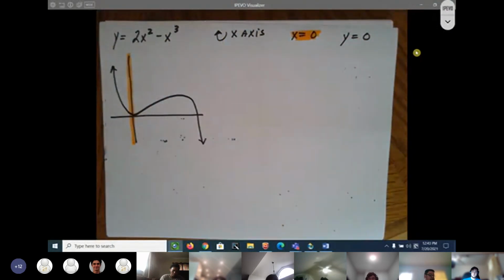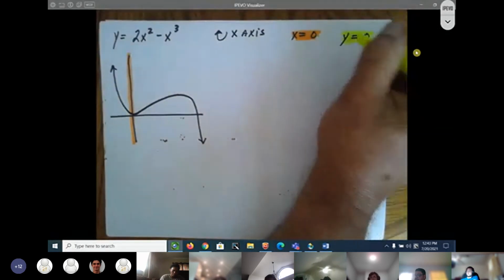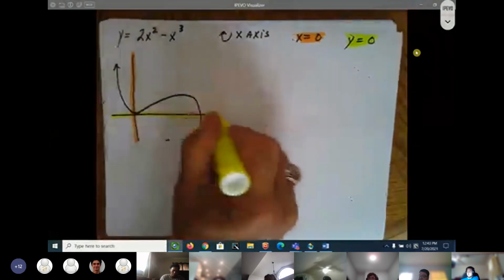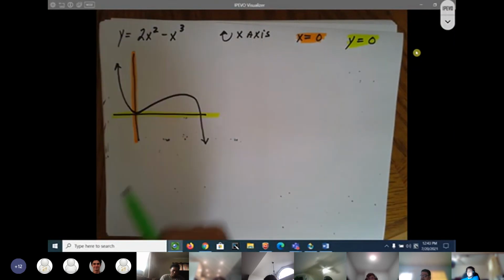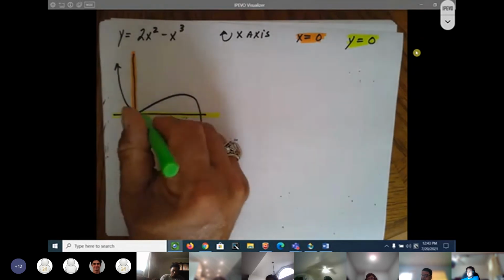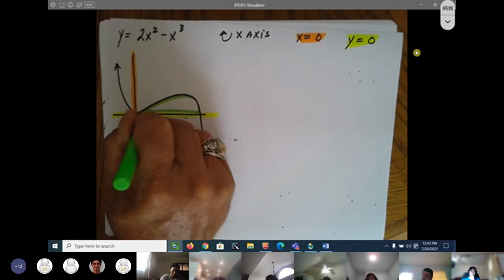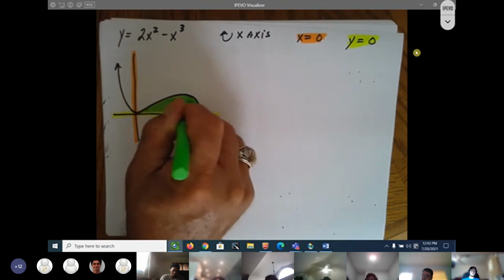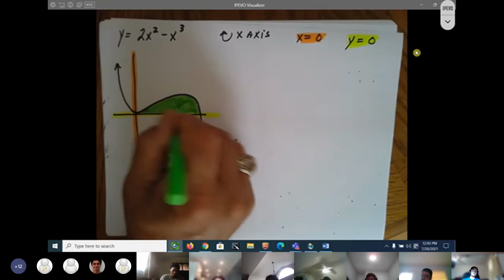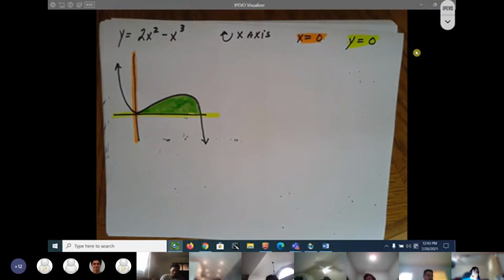And y is equal to 0, that's going to be the x-axis. So we see the area that they want us to find the volume. Again, it's going to look like a bundt cake if you go around the y-axis. But they want you to go around the x-axis on this one.